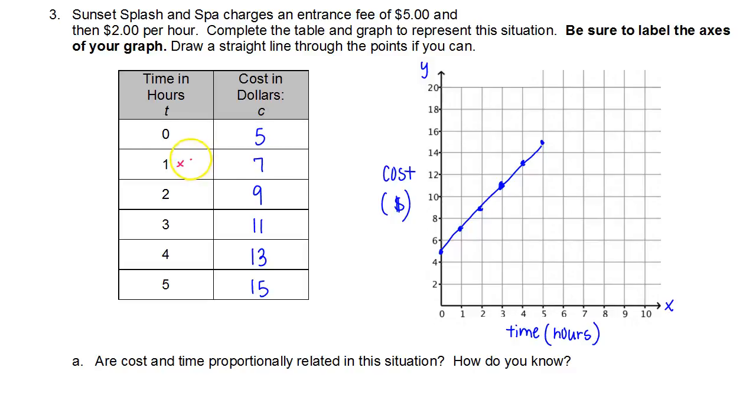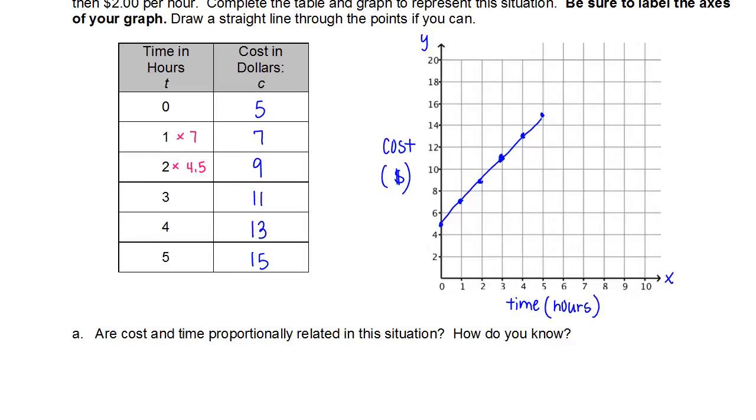So 1 hour times 7 would give me $7. But 2 times 7 would be 14, and that's not how much it costs for 2 hours. So actually 2 times 4.5 would give me 9, and I can actually stop there because I have enough information to see that the cost and the time are not proportionally related.